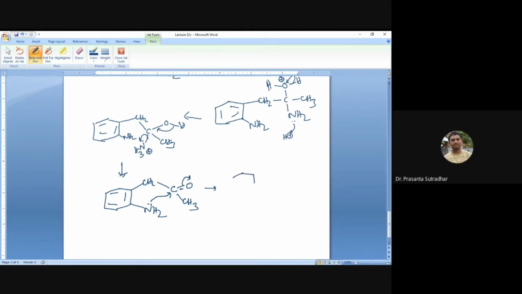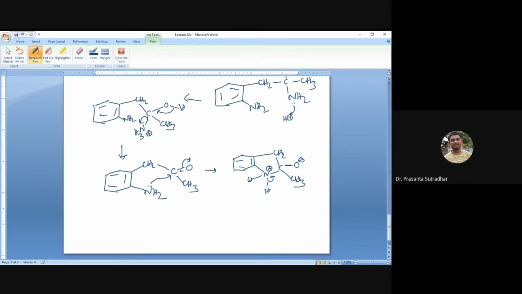Then we are getting CH2CO negatively charged, nitrogen having two hydrogens, and it will neutralize. Then it will be CH3. Then we are getting this ring, CH2C, and it will take the H plus.